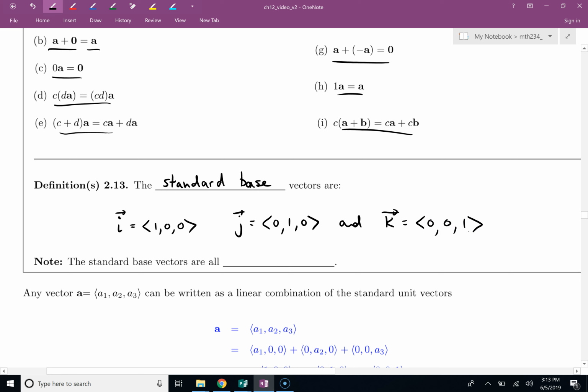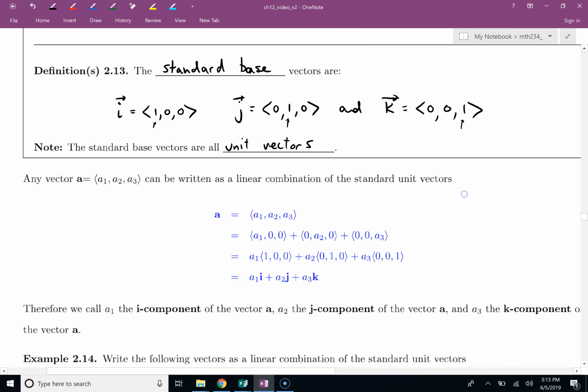You can see there's one for each core direction: the first component, the second component, and the third component. And notice that they're all unit vectors, right? If you were to take the magnitude of any of these, they are unit vectors. And if you'd like to write your standard vector here, with A1, A2, A3, this is one way to denote the vector.